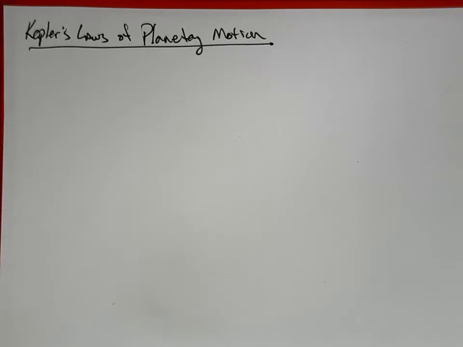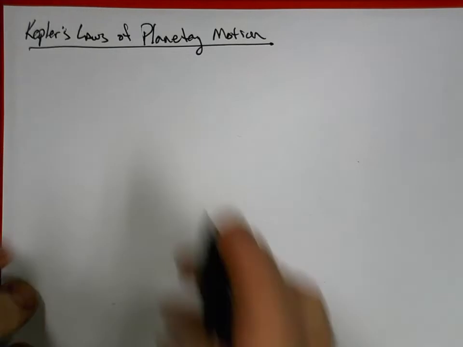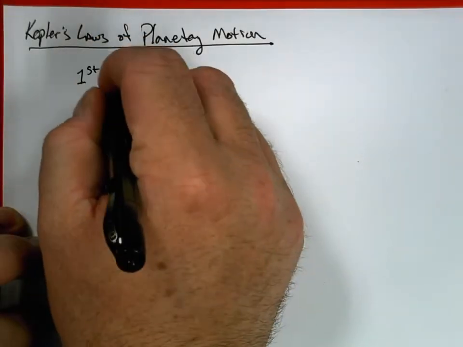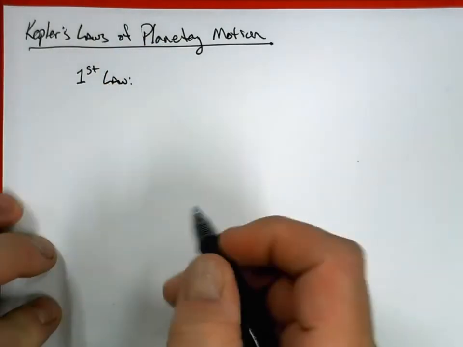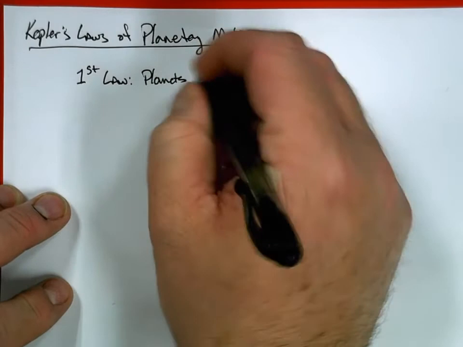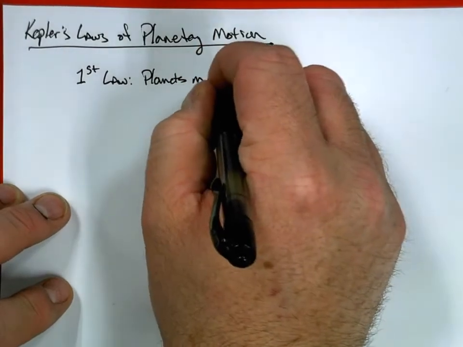Okay, today we have Kepler's laws of planetary motion that we're going to go over, and we're going to jump right into it. So the first one is, well, his first law. The first law of planetary motion is planets move in elliptical orbits.